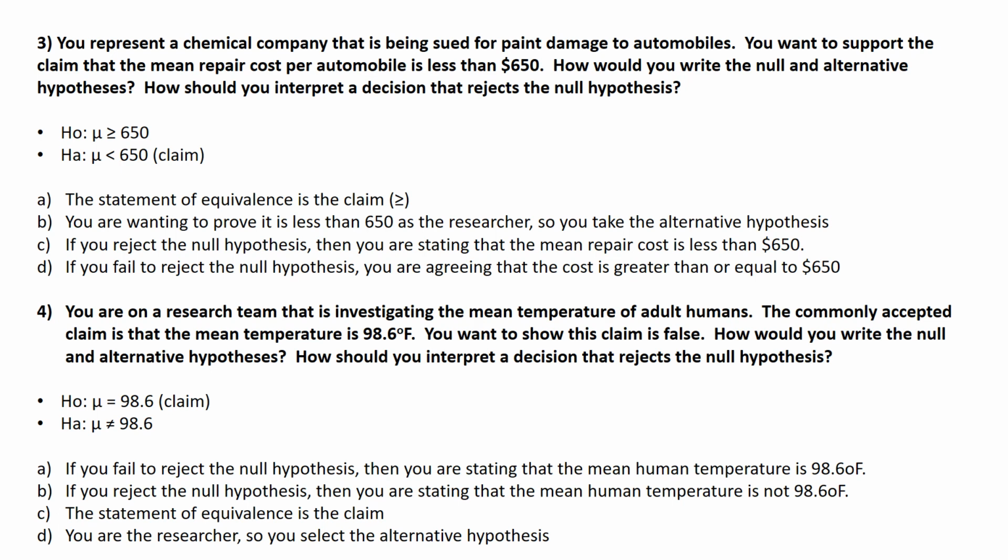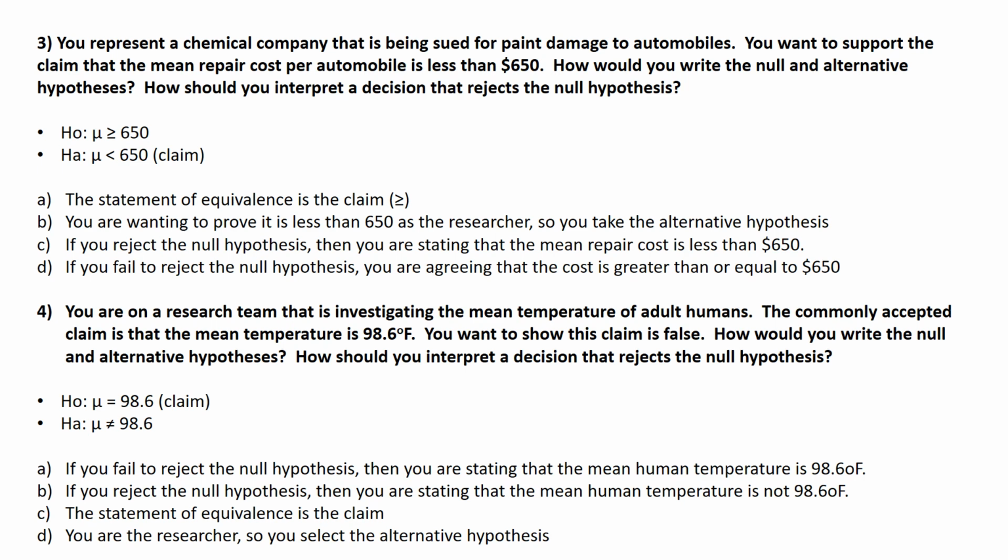How do you write the null hypothesis? How do you interpret the decision that rejects the null hypothesis? So H sub 0, the null hypothesis, has the equality statement, mu is greater than or equal to 650. You're taking the claim as less than 650 because if it's less than, that's always going to be the alternate. So the statement of equivalence is greater than or equal to 650.